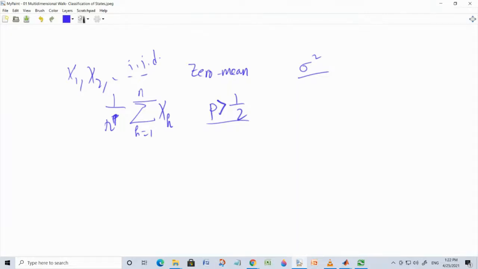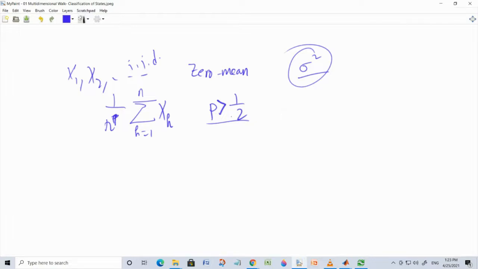This includes p equals 1, which is not surprising, because if p is equal to 1, that's the conventional strong law of large numbers, and we do not even need to know the variance. The strong law of large numbers is applicable to random variables with a finite first moment, but perhaps an infinite second moment. But now we want to make this go down to 1/2.